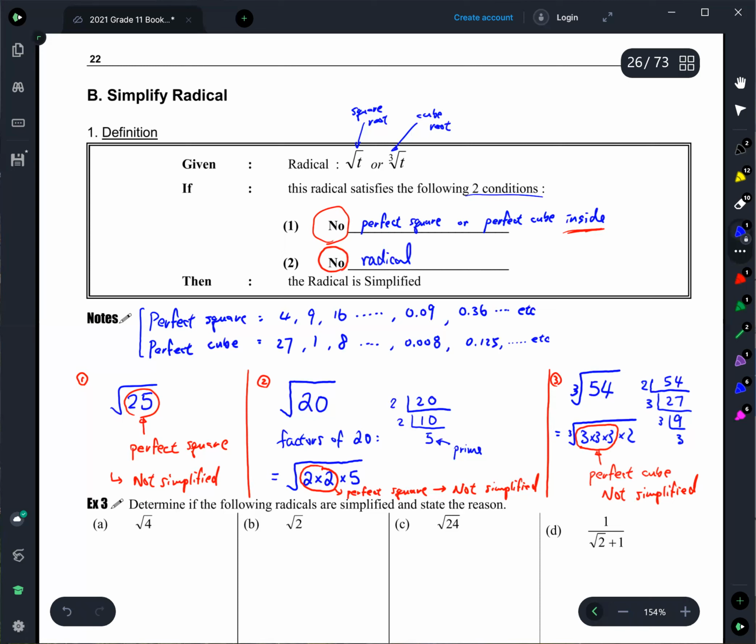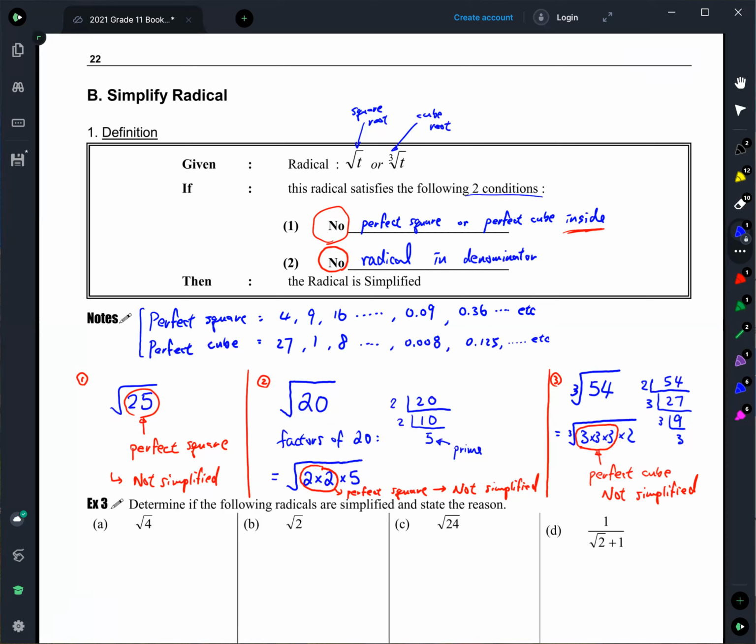Here I just say radicals, and radicals include square root, cube root, any kind of root in the denominator. This one is very straightforward. Nothing to check, you just take a look.